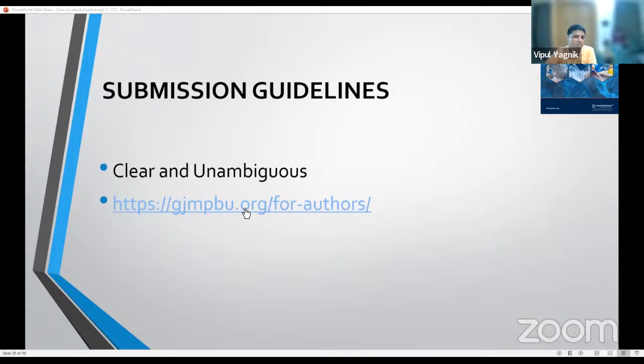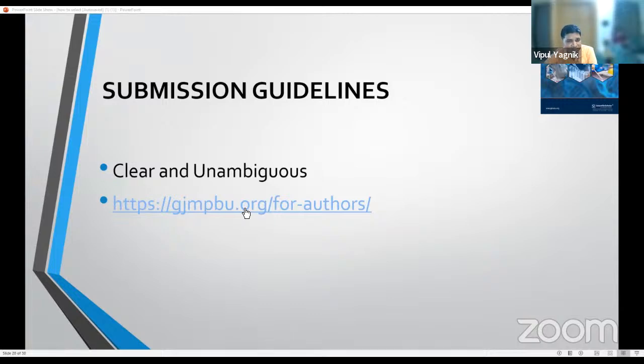The journal should be very clear about the details mentioned on the website, particularly the instructions for the authors. The instructions for authors should clearly mention every detail: which type of articles the journal publishes, which type of guidelines the journal follows, and whether it is open access.